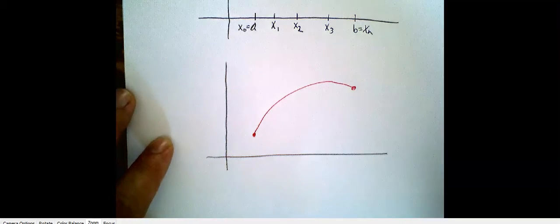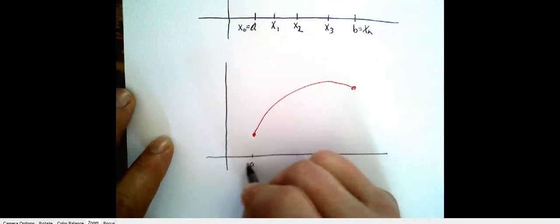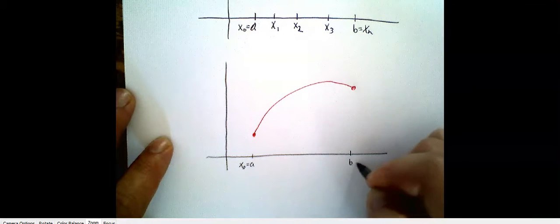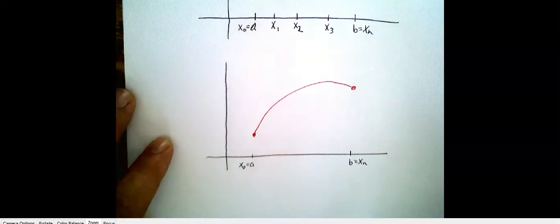So let's try that again. How do we calculate the length of these line segments? I'm going to redraw this. Say that's A or x naught. And then here B, which is, let's say, xn. Okay?